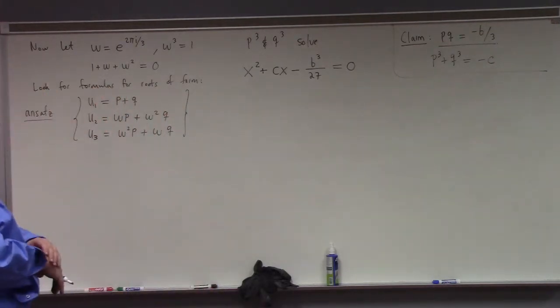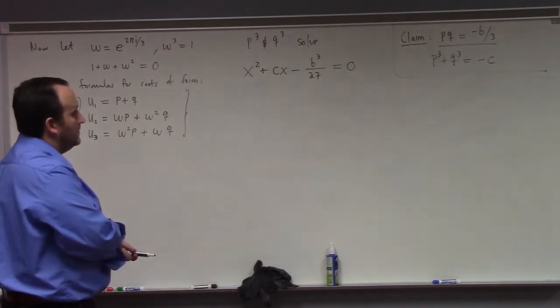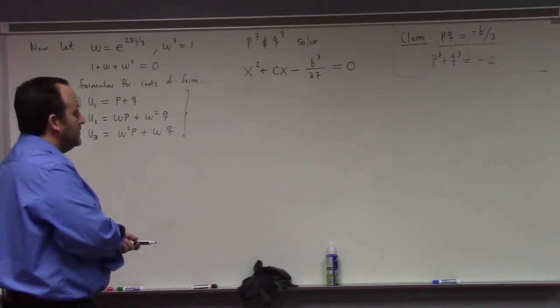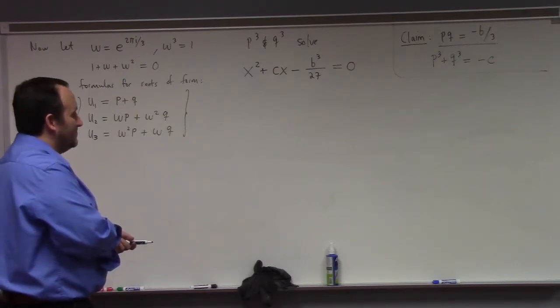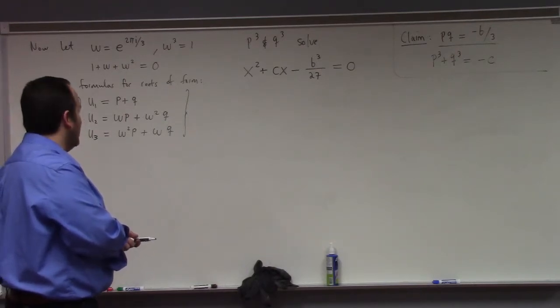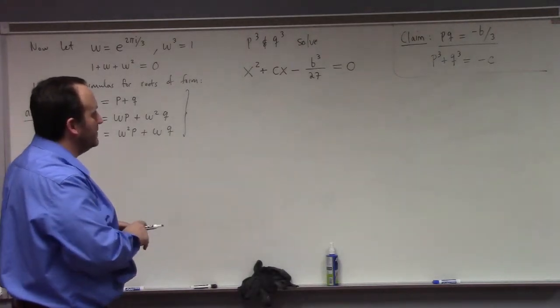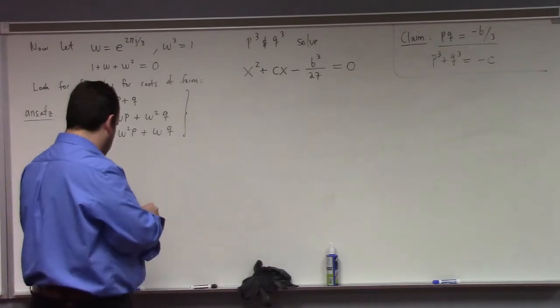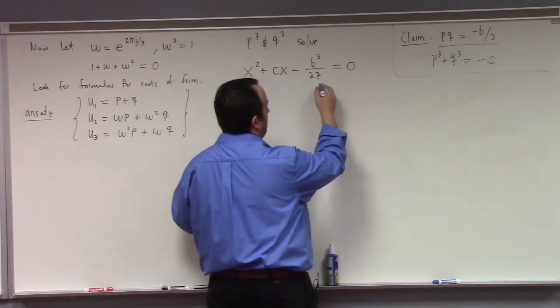Why is that? You see it? Kind of, because that's b over 3 cubed, or minus b over 3 cubed, and that's p cubed. So the last one. Can you elaborate on that? So the last term, the b cubed over 27, would just be minus b over 3 all cubed.